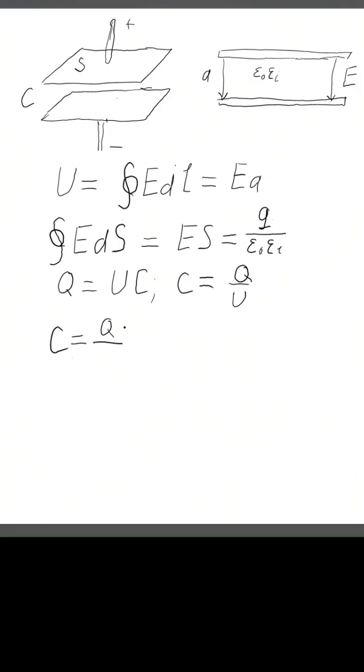And in our case, the electrical constants are described by one letter epsilon for brevity, and this S times Q times A, where A is the distance between plates, and the Q's are reduced.